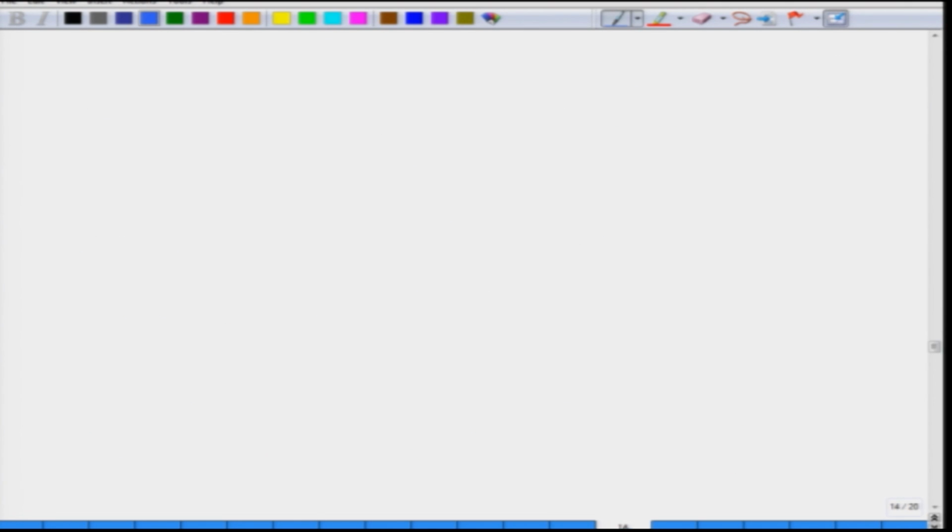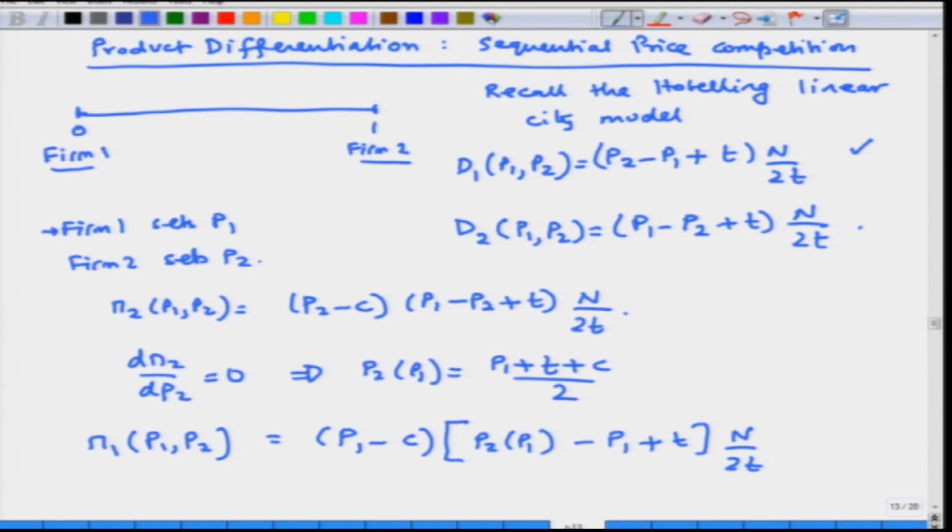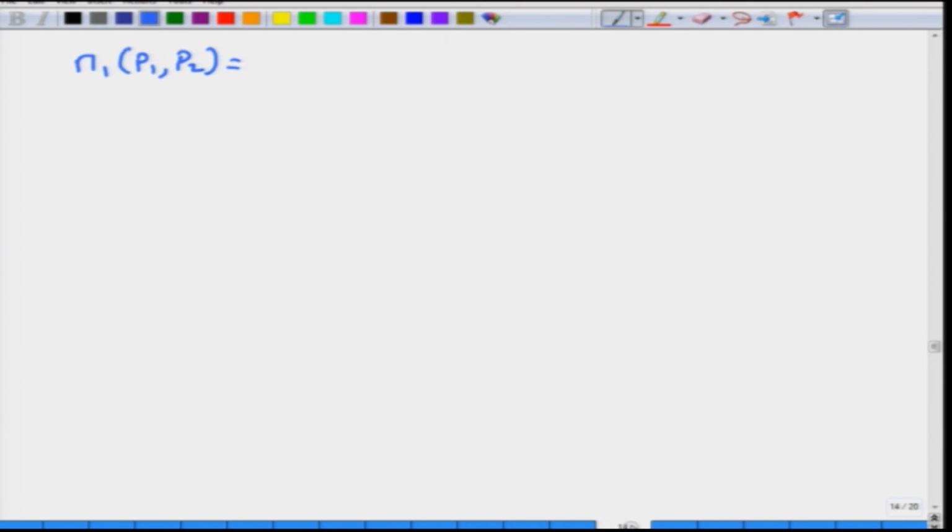If we substitute for P2 in here and simplify, we will find that firm 1's profit is given by (P1 minus C) times (3T plus C minus P1) times n divided by 2T.